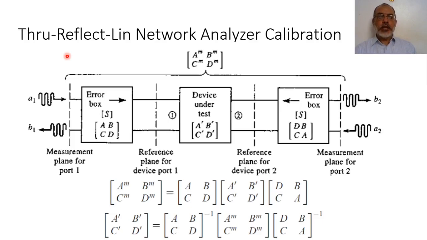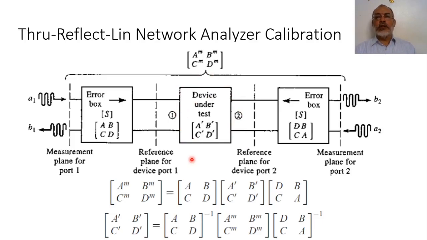So we can represent the input port and the output port of the vector network analyzer as error boxes, and this error box actually adds reflection and the transmission coefficients to the original reflection and transmission coefficient of the device under test.